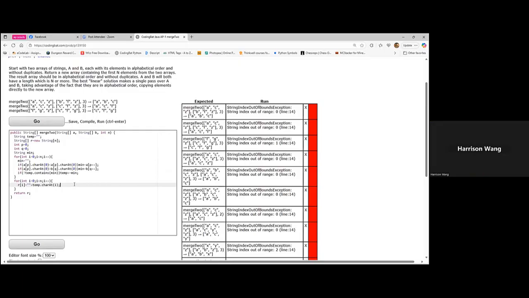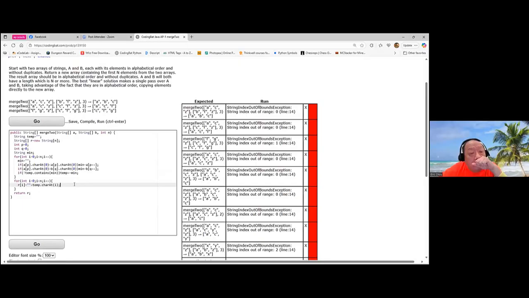Because there's a simpler way with a while loop. Number one, you just compare the string using compareTo.